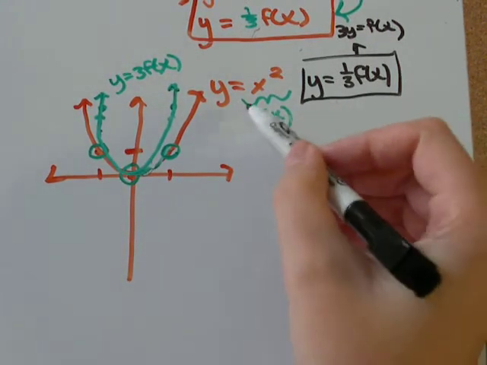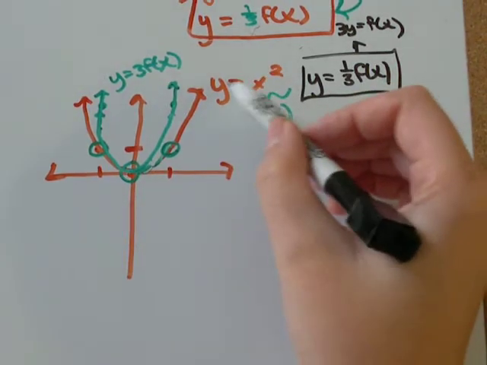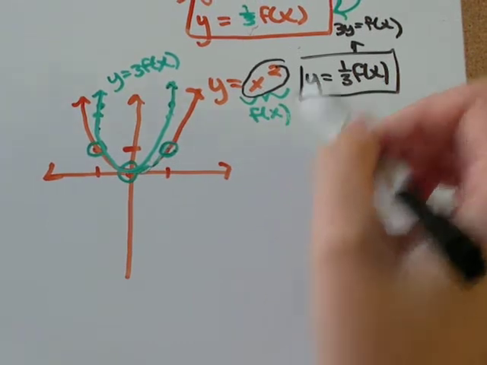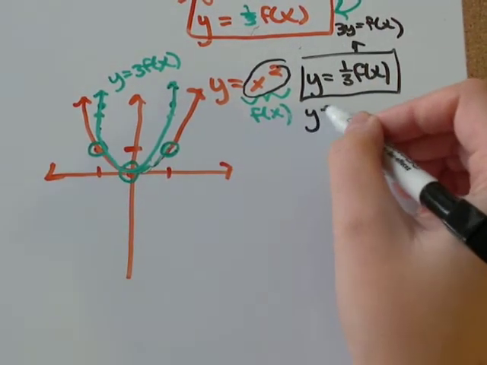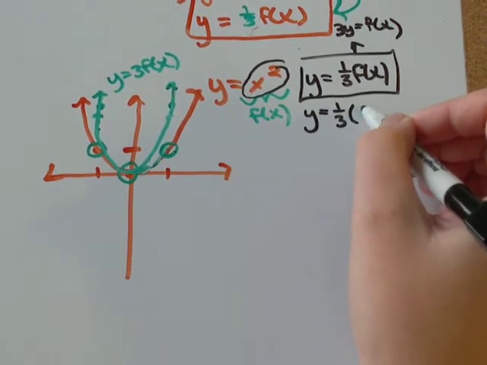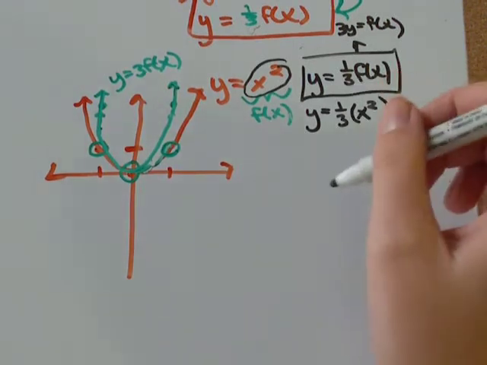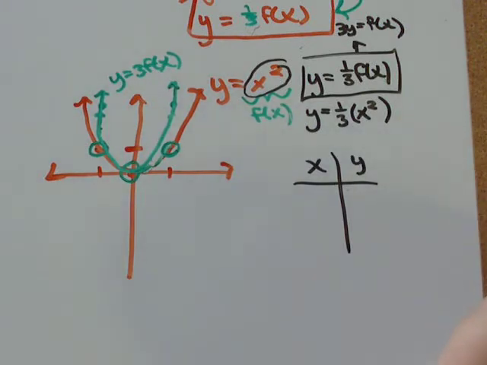So you can see that in this situation we've got y equals x squared. The x squared is our f of x. So when we're talking about y equals a third f of x, in this case x is x squared. So what I'm going to do is make an xy plot.